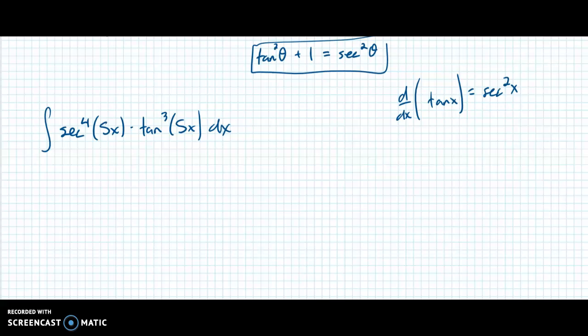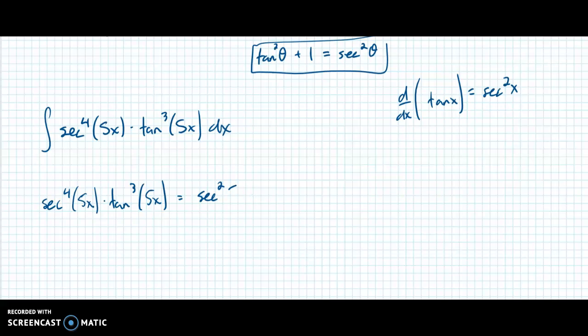I will just show side work here. So this is secant to the fourth of 5x times tan cubed of 5x is equal to secant squared of 5x times another, sorry, I should have the 5x.